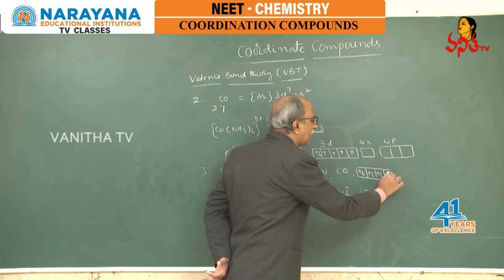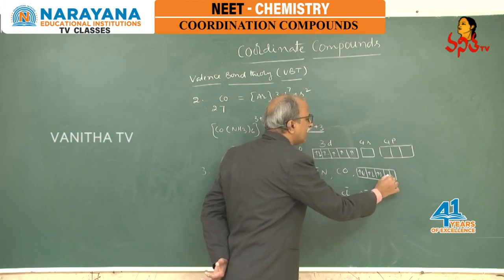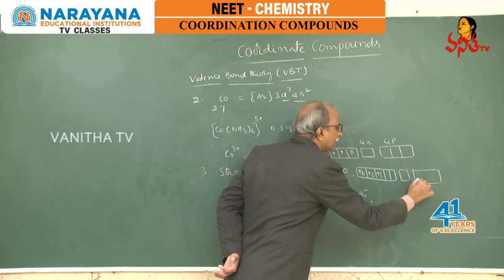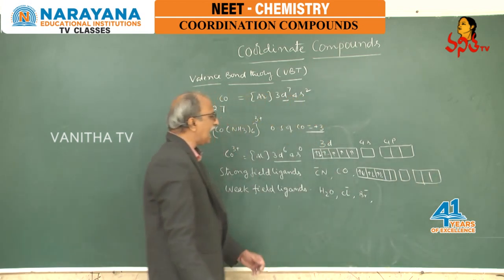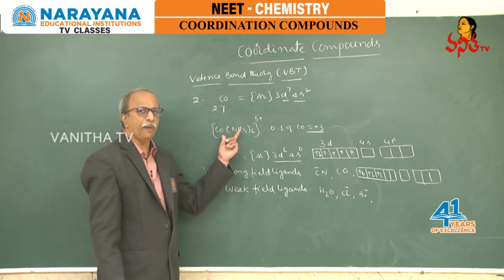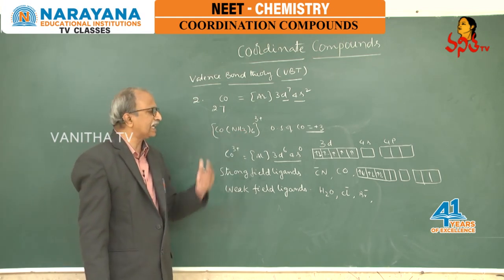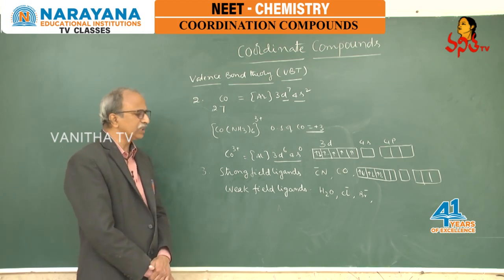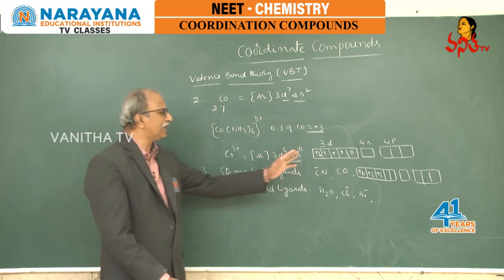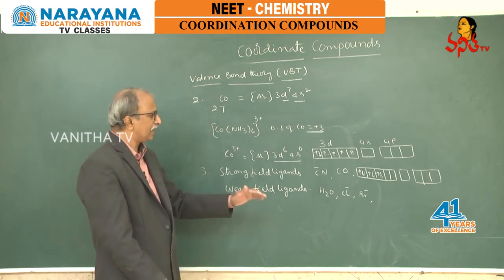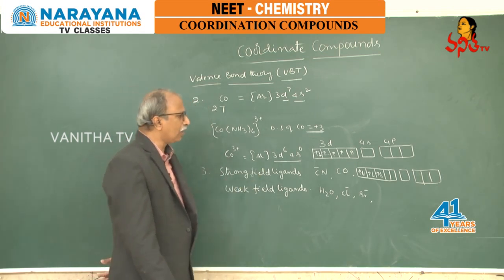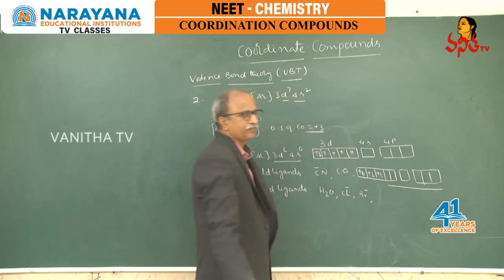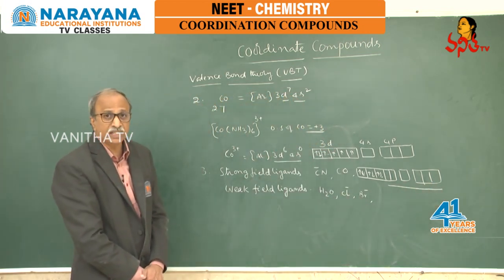The other 2 d orbitals are vacant, along with 4s as well as 4p. Whereas if this cobalt complex is with water, then that pairing does not take place, so the rearrangement does not occur. Here the rearrangement occurs. Now these are the orbitals which are present vacant.